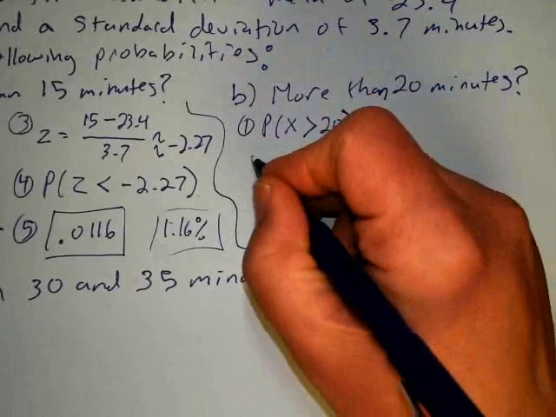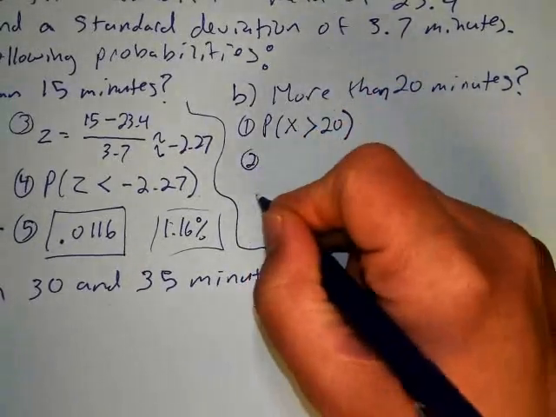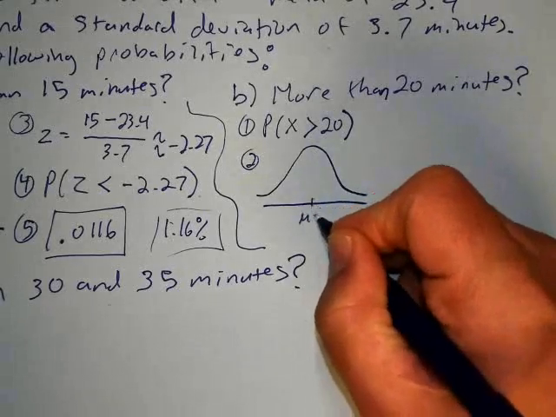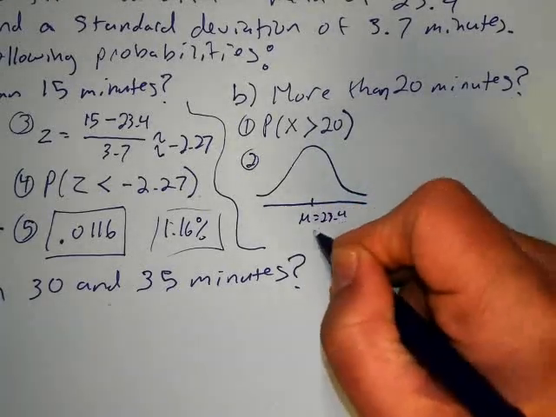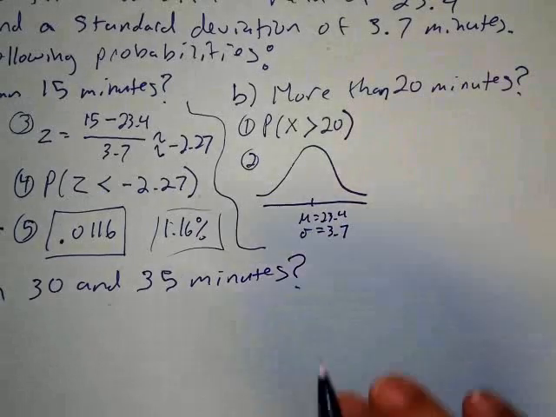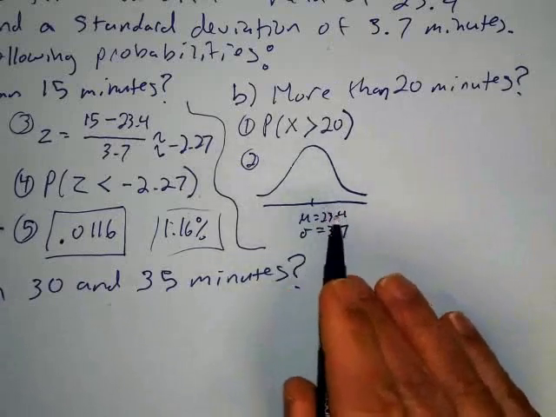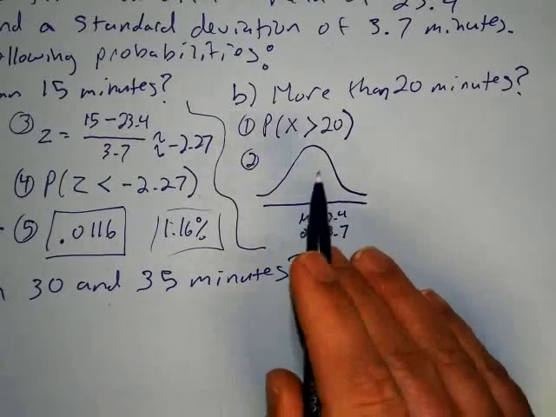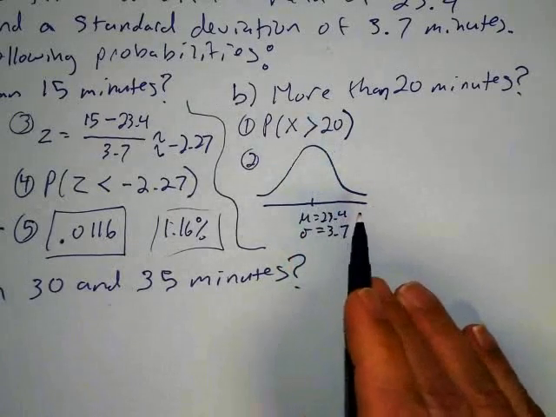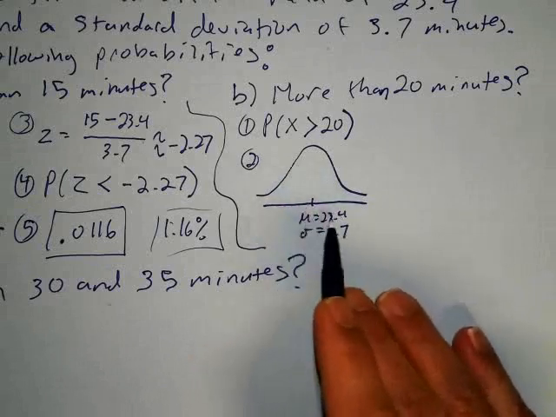Okay. Step 2 is we draw our diagram. Okay, the mean is 23.4. Standard deviation is 3.7. Okay, now 20 is still below the mean. Okay, the mean is 23.4. So don't make the mistake and think, oh, if it's positive, it's always on this side. Okay, because when you're dealing with the X-scores, the middle isn't 0.